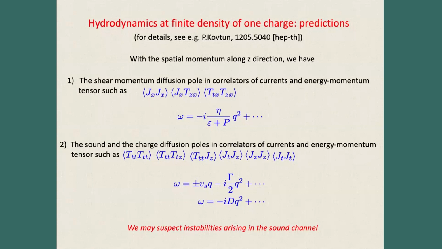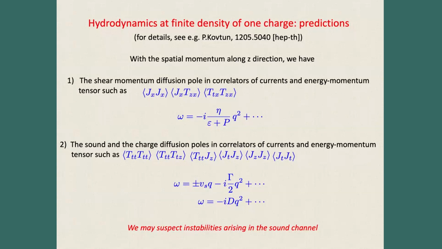So for example, if we put our spatial momentum q along the z direction, we will have the following hydro modes. The shear momentum diffusion pole in correlators of currents and energy momentum tensor, such as some components of JJ, and J and T mu nu, and T mu nu and T mu nu in the appropriate direction. So this will be a shear momentum mode. This was very well known for N=4 super Yang-Mills.